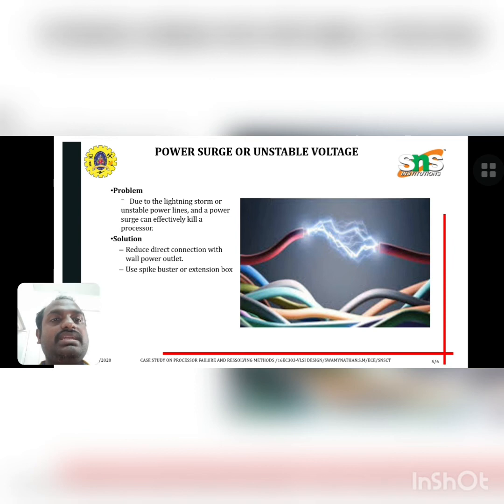Due to lightning storms or unstable power lines, a power surge can kill the processor. If the power fails, the processor is affected. What solutions do we need? First, reduce the direct connection to the wall power outlet and make an indirect connection. Use a spike booster or extension box. That is very important to avoid power surge.